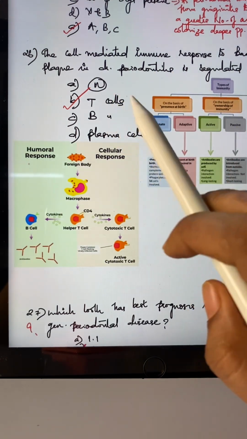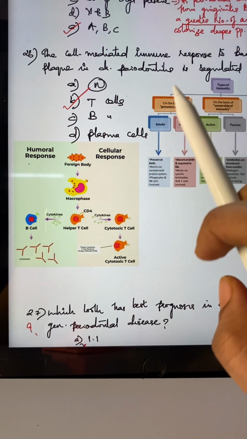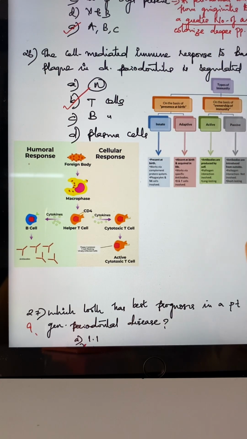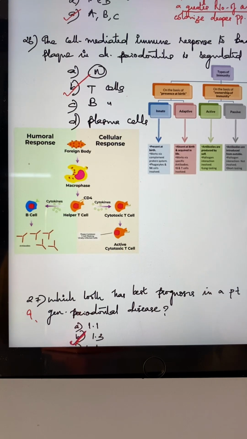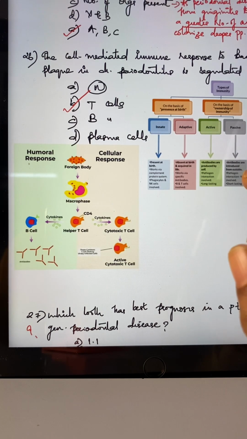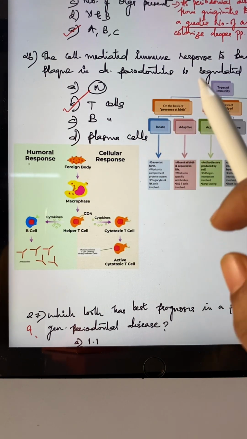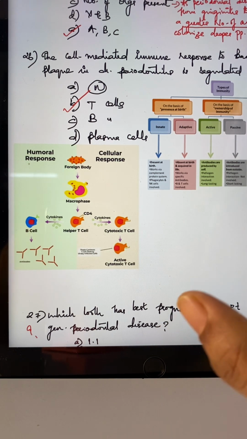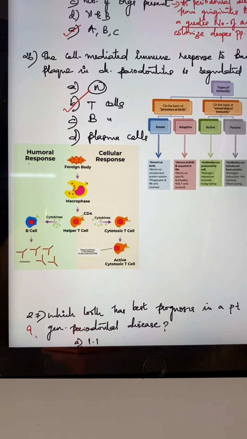The T cell cell-mediated response involves a lot of cells, with the help of killer cells, suppressor cells, cytotoxic cells, memory cells and everything, they try to kill the organism.